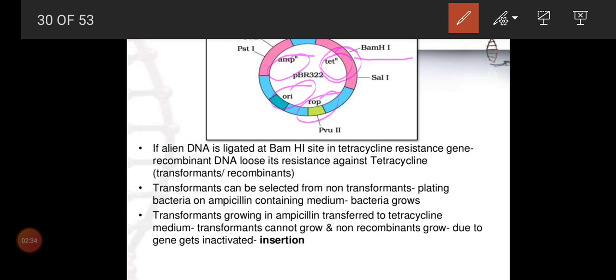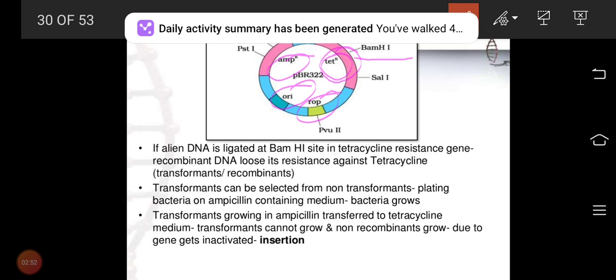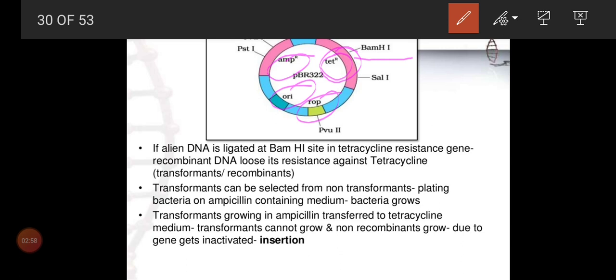Is that clear? This is the structure of pBR322, and I already gave an explanation about pBR322. Technically also I gave explanation for AMP, tetra, origin of replication ORI, ROP, a protein of replication. And here we can call the ampicillin resistant gene or tetracycline resistant gene selectable markers.